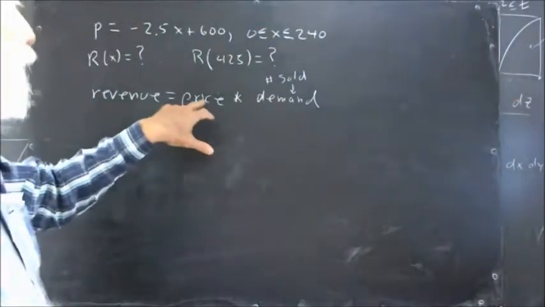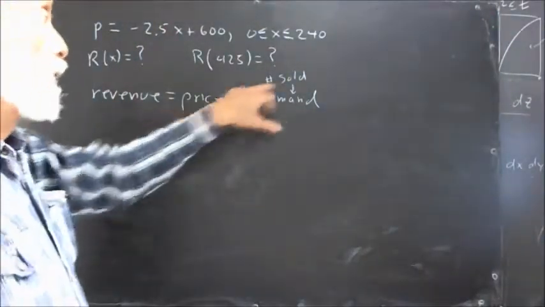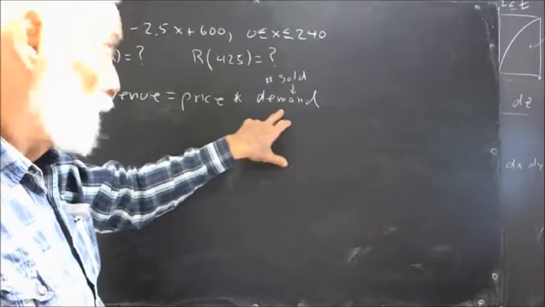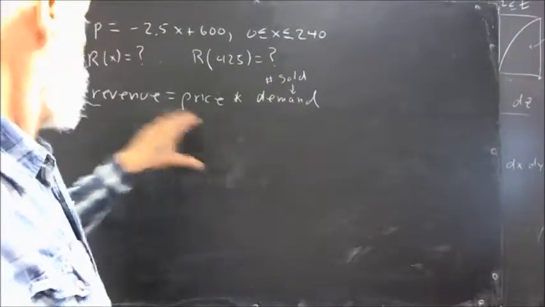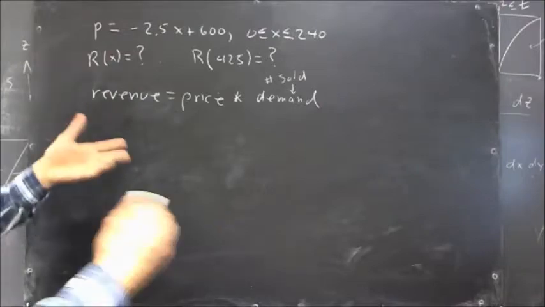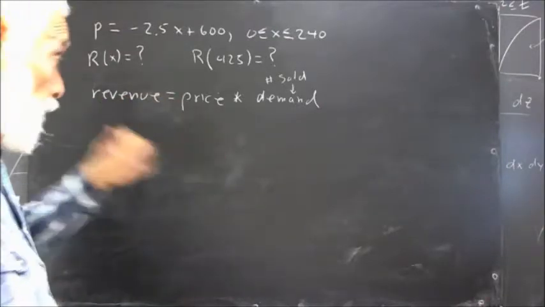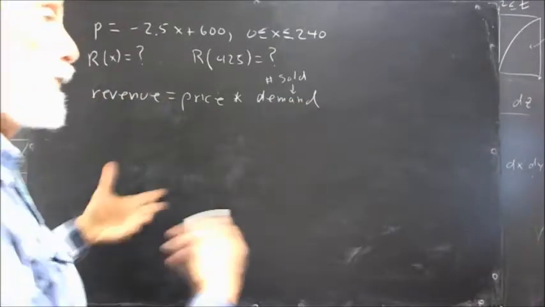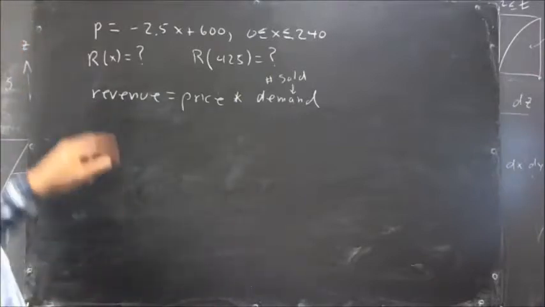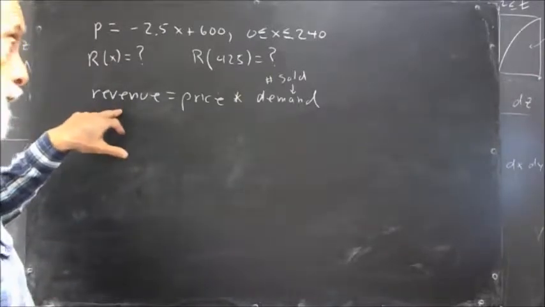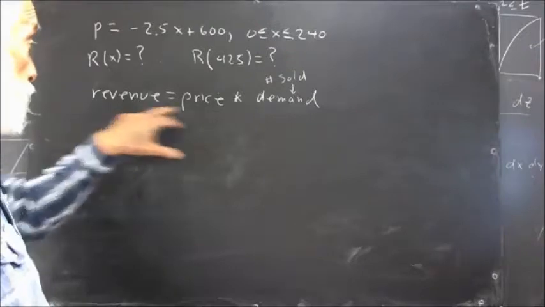Okay, so obviously the price is how much you're going to pay for it. You multiply that by the number sold, which we also call the demand, and you get the revenue, which is how much money you take in. Now that's not the profit. You have to subtract off what it cost you to make and market the object, but we're just looking at revenue here, the simplest possible calculation.